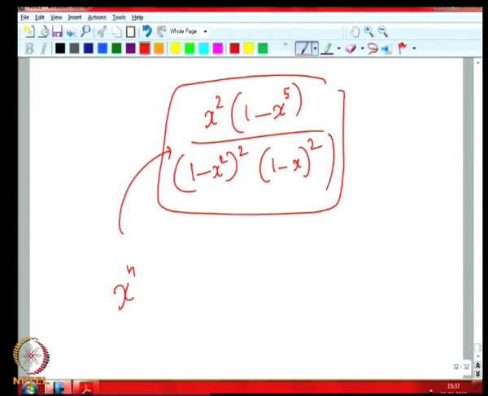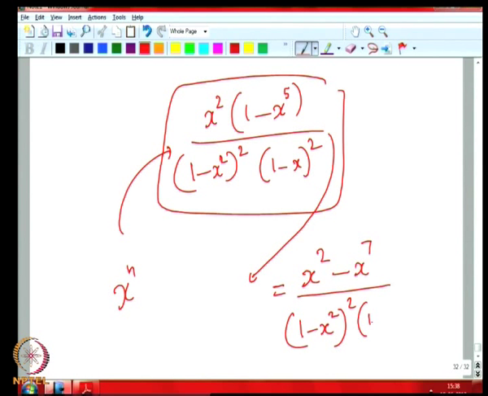For instance, I can try like this. I will rewrite this as x raised to 2 minus x raised to 7 divided by 1 minus x square whole square into 1 minus x whole square, right.